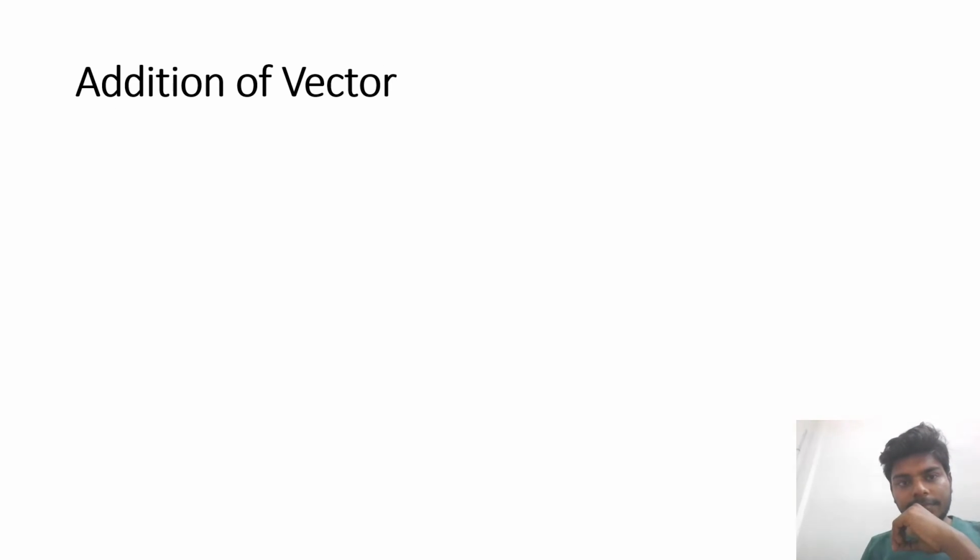Let me go to the next slide. Addition of vector. Before starting this, I need to discuss some more things in the equality of vector. Actually, let's say two vectors like this.